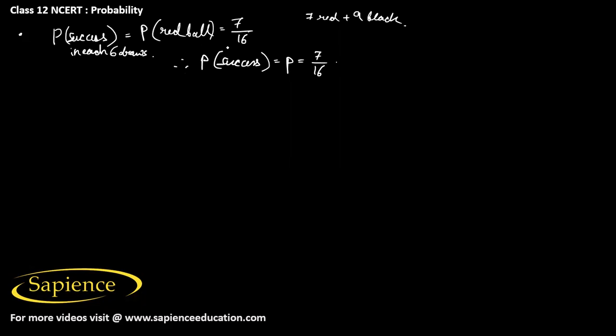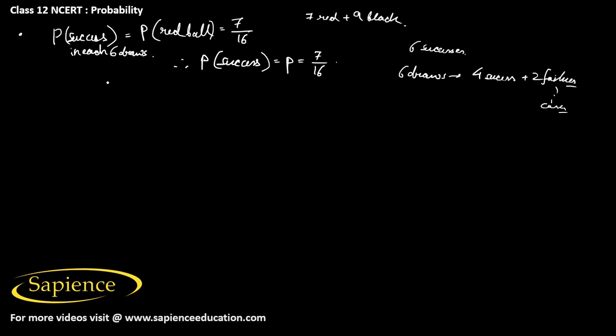If we get six red balls in all six draws, we get six successes, or we can have four successes and two failures, and there can be lots of other cases.